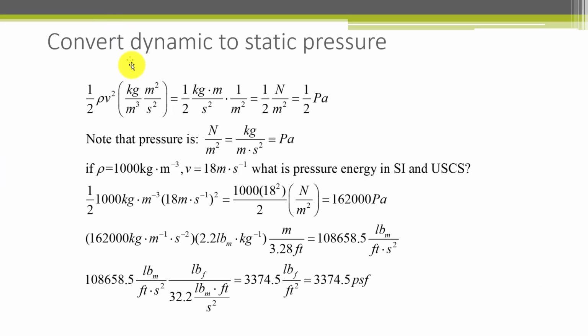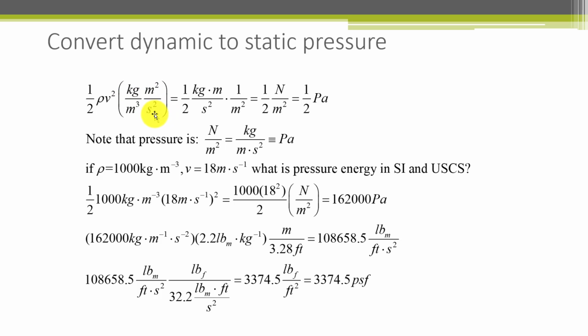Now here we're going to convert dynamic to static pressure. We'll learn more about that in the next module, but you'll recall from school that potential or kinetic energy is 1/2 mv squared. Well, this is 1/2 rho v squared. So instead of m, you have mass per unit volume. The units are kilograms per cubic meter times meters squared per second squared.